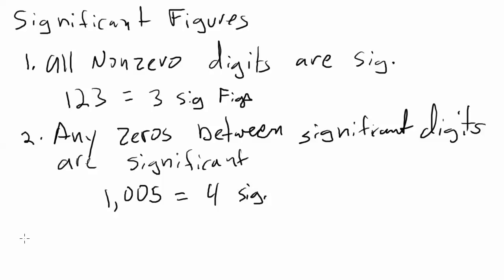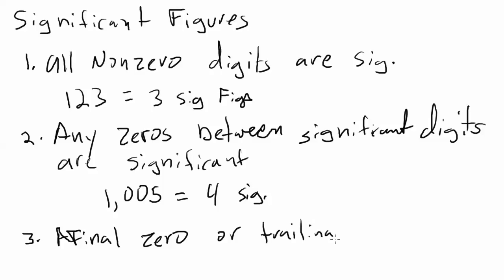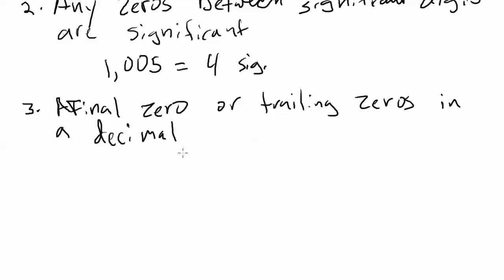Now the third and final rule that we're going to use for this class is that either a final zero or a sequence of trailing zeros, which means a bunch in a row, in a decimal, and only in a decimal, are significant.